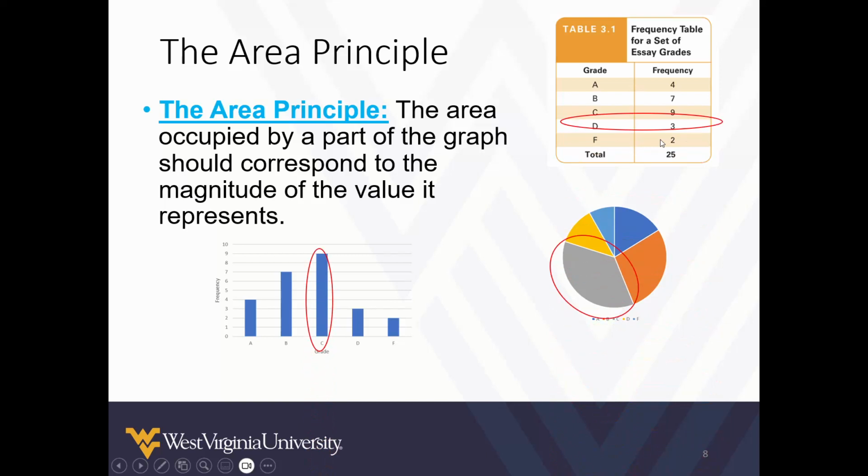So, in theory, the C frequency, which is 9 out of 25, should be correspondingly recognized in our bar graph and our pie chart. To manipulate these areas to make them appear larger can definitely violate the area principle.